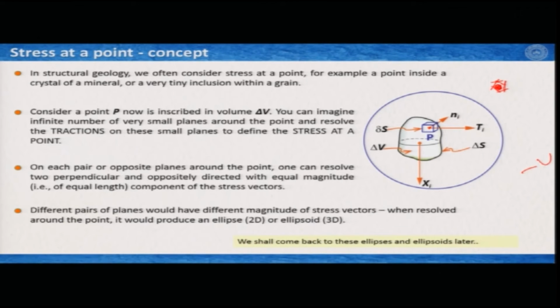So, in short, you can imagine an infinite number of very small planes around the point and resolve the tractions on these small planes and define the stress at a point. Now, this is some sort of approximation or consideration, and these areas have to be very, very small.